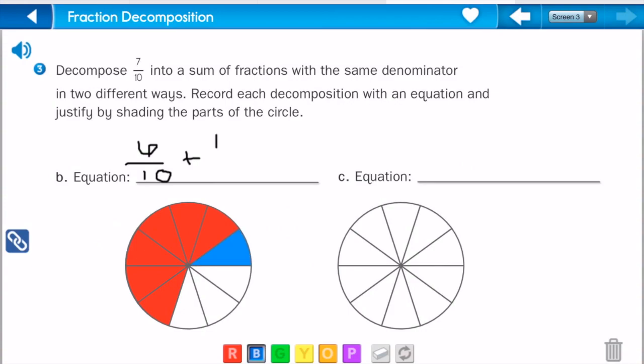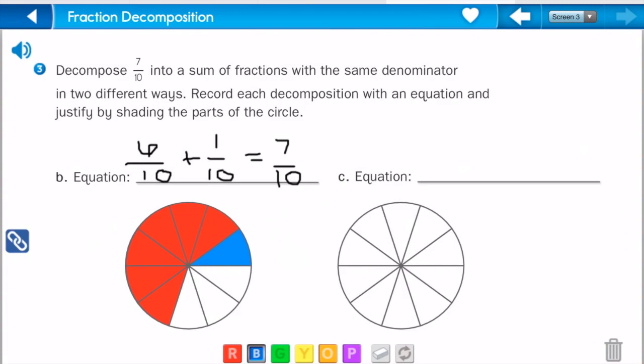So plus 1/10. And if I add 6/10 plus 1/10, I still get 7/10. I used a unit fraction to do one of them, remember? Because the unit fraction is when the numerator is only 1. So I used a unit fraction on this example and the one before.